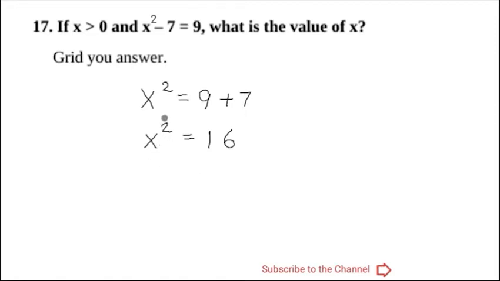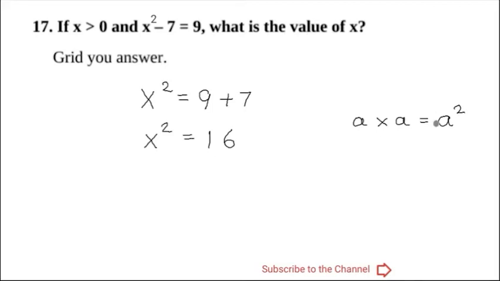Now let's look at the x squared. Well, remember, the definition of a square is that any number multiplied by itself is equal to a square. So if we want to get the original number, we have to get the square root.